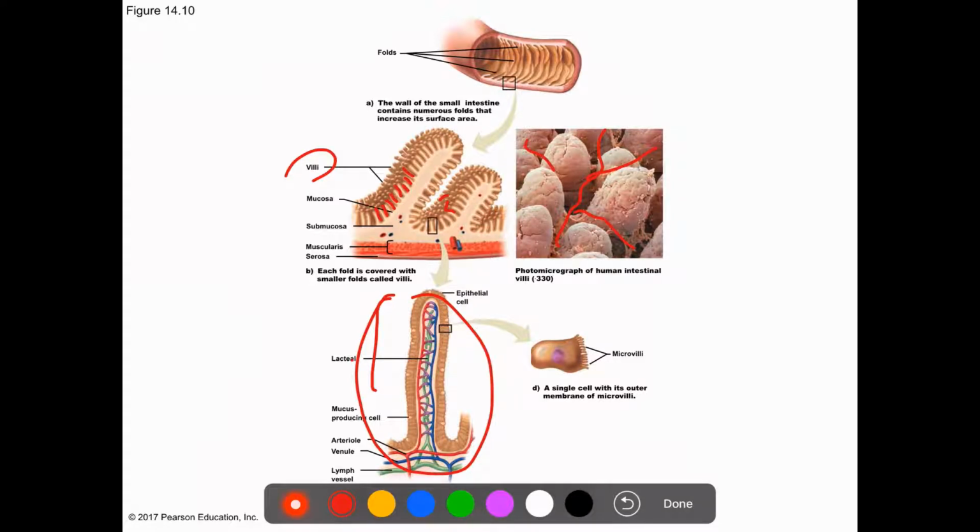The third adaptation is that the cells making the villi, they have even microvilli on their surface, on their apical surface. So even the food can pass between these tiny microvilli. All are again adaptations to increase the surface area or the surface contact between the small intestine, or technically the mucosal layer, and the food within the lumen.